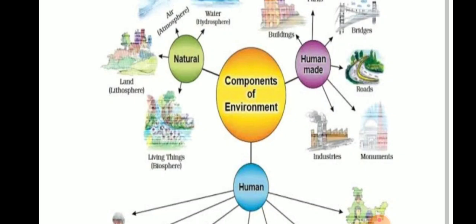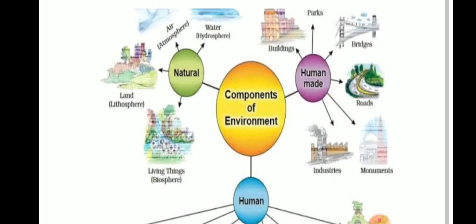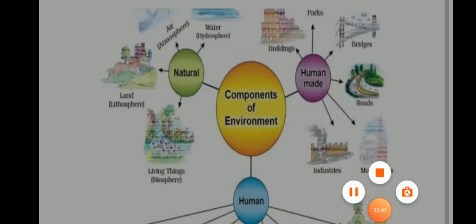That means surroundings made according to their needs, where he can easily work, where he can live, where he can educate anyone else. So in this picture you can easily see human made includes several things like buildings, parks, bridges, roads, industries, monuments. These are the things which are made and developed by humans.